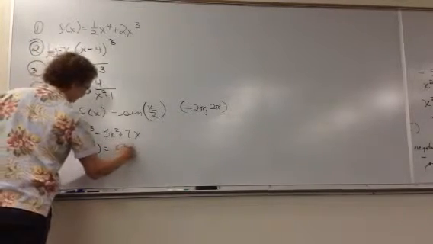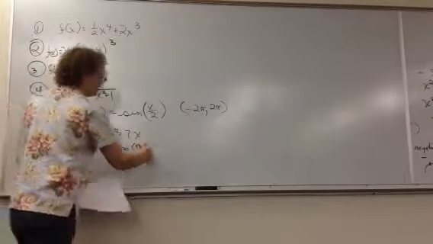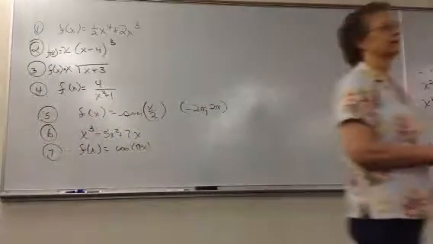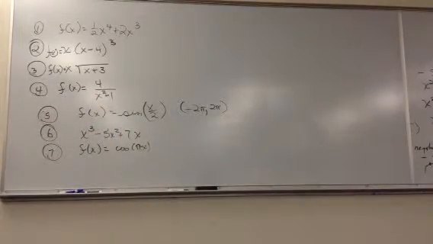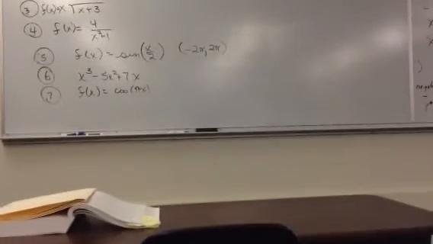I don't have a marker, sorry. So what do you think you're gonna do? You're gonna graph your function using the second derivative test, or you may have to use the first derivative test too.